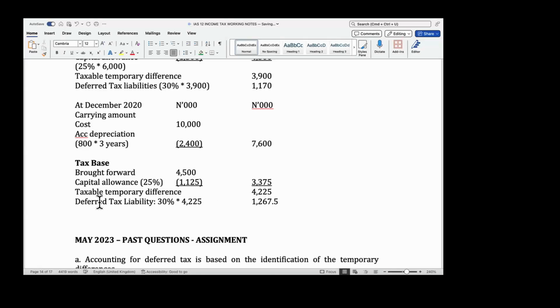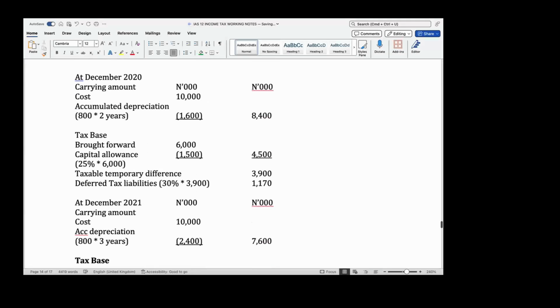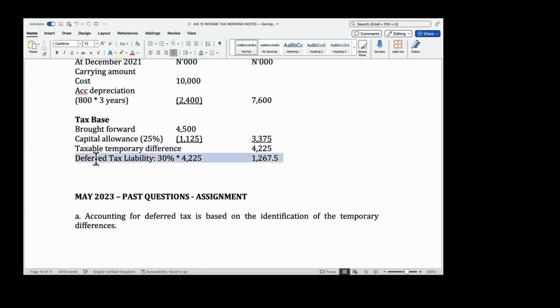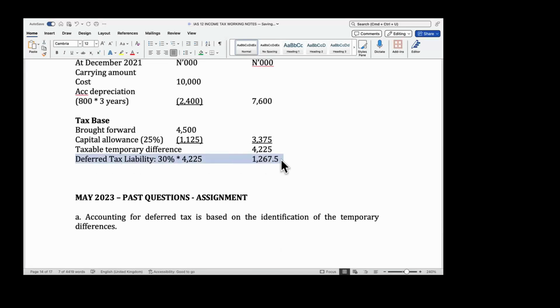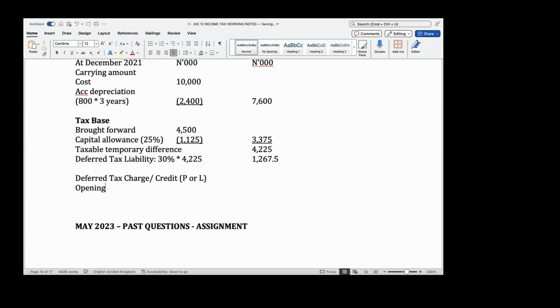Okay. So I have my deferred tax position as at the end of 2021. Okay, this should be 2021. So this is the deferred tax that would show in my statement of financial position. However, the deferred tax charge or credit that will show in my P&L is simply calculated as the opening deferred tax compared with the closing deferred tax.